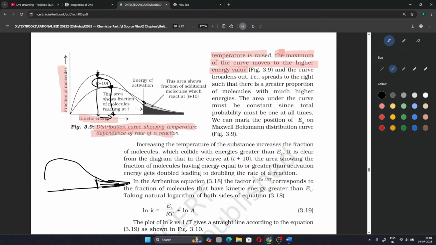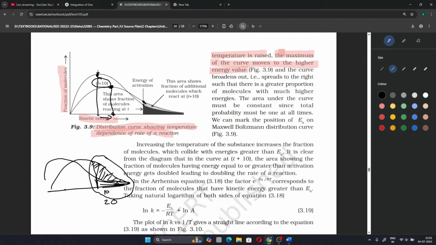But as we increase the temperature, the area has increased. The number of molecules has become 20. It is not actual values, but the number of molecules reacting to form the product has increased.